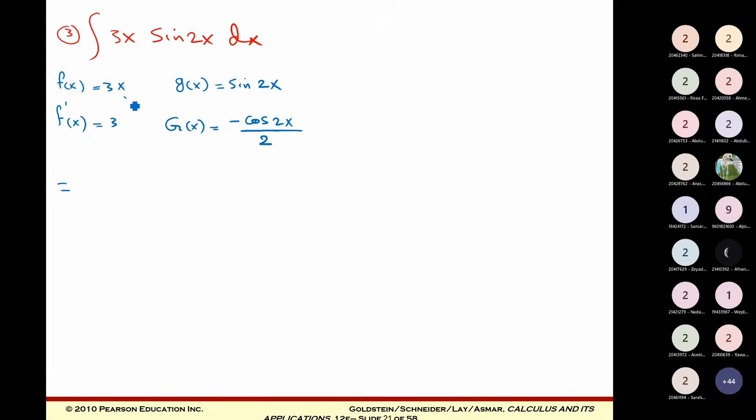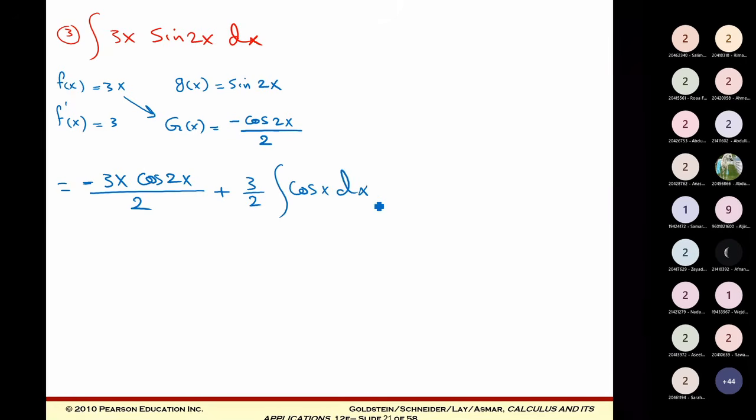Now this equal multiply f with g capital, so we have negative 3x cosine 2x over 2, minus minus, plus 3 over 2 outside the integral cosine 2x dx.